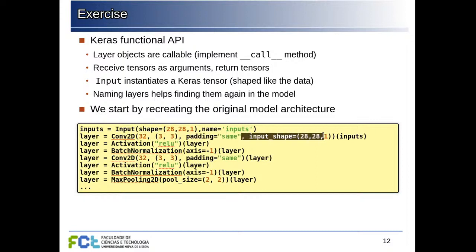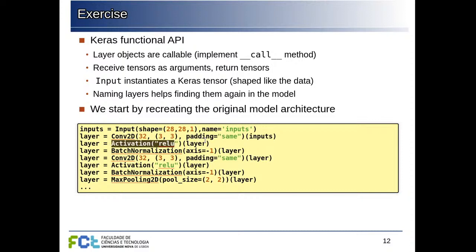So we create this layer as we did last week, but now we're going to call this object and execute it on this input. So this was the input layer that we created here. And now Keras will connect these two tensors.